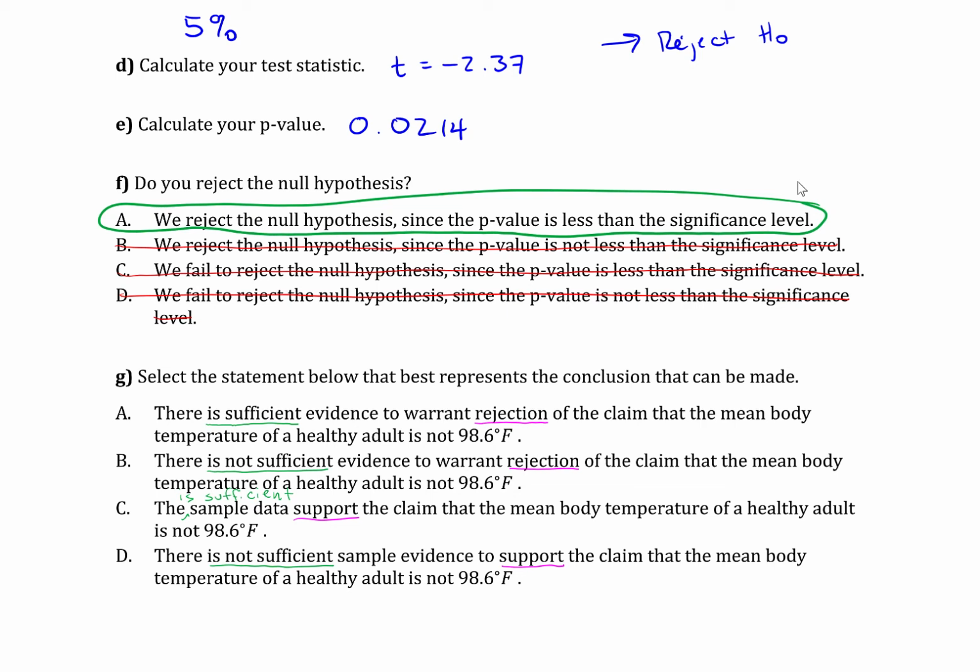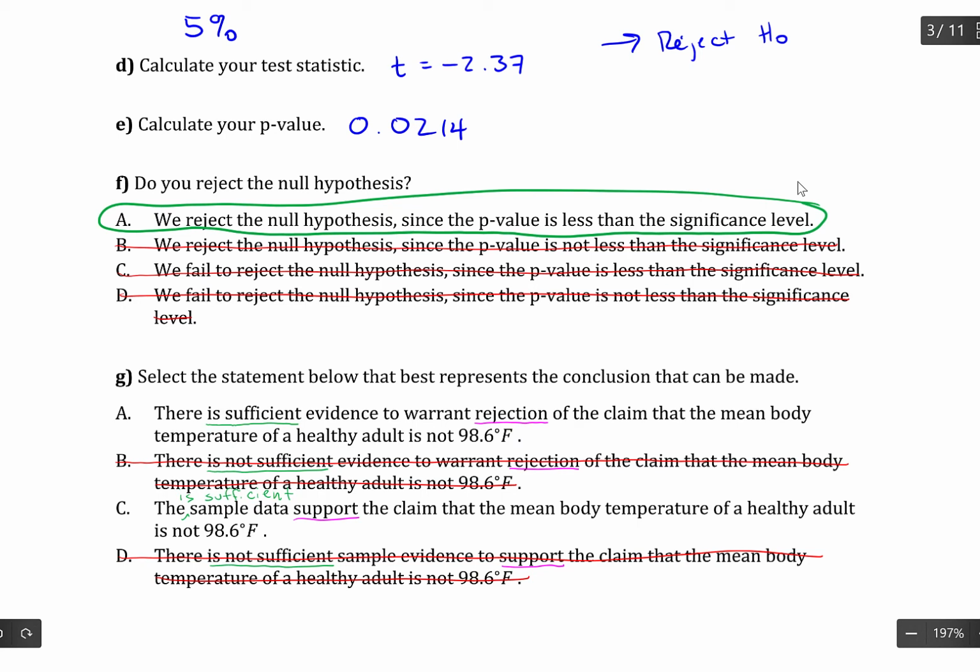If you reject the null, there is sufficient evidence to reject, or there is sufficient evidence to support. Regardless, there is sufficient evidence of something. So when we reject the null, we can count on that, which means we can throw out B because that says there is not sufficient evidence. And we can throw out D because it says there is not sufficient evidence. All right, which leaves us either A or C.